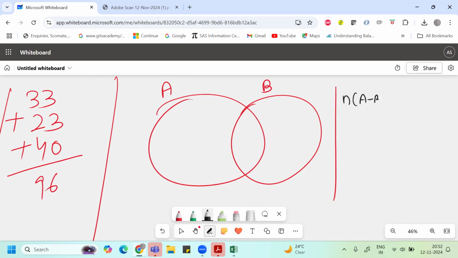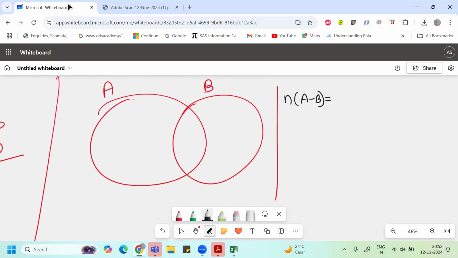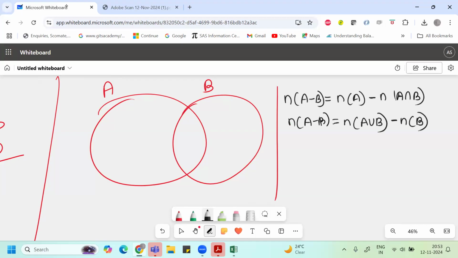N of A minus B is N of A minus N of A intersection B. Or I can say, N of A minus B is N of A union B minus N of B. Can you understand this? This is A minus B.